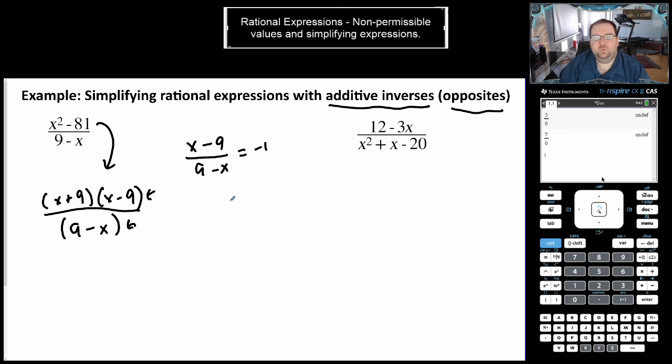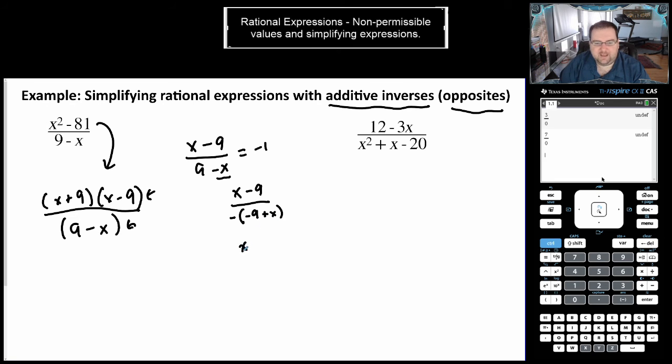And I'm just going to show you why that is for a second. I like my x values to be positive. This one, is my x value positive? No, it's negative. So if I pull out a negative sign, what is that going to leave me with? -9 plus x, right?